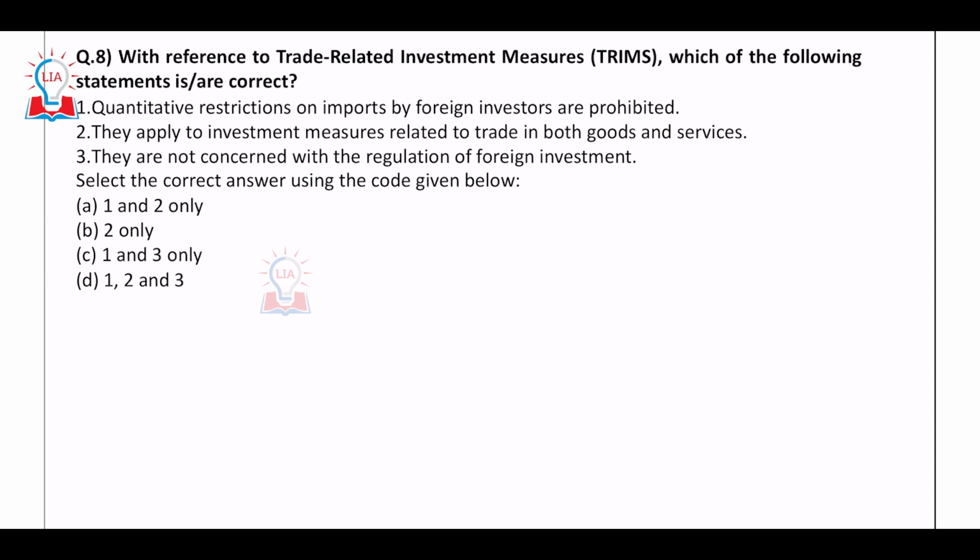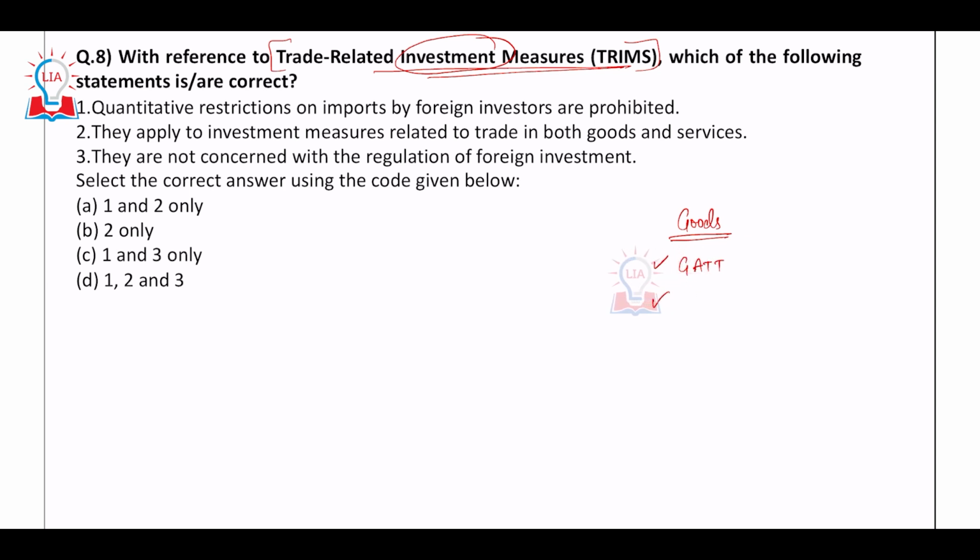Next. This is a question related to WTO, TRIMS, trade related investment measures. This is quite a misleading agreement, the TRIMS agreement. Why? Because while the name suggests it is investment measures, right, it is actually not related to investment. So when you look at the agreements related to goods in WTO, one is related to GATT, General Agreement on Trade and Tariffs.